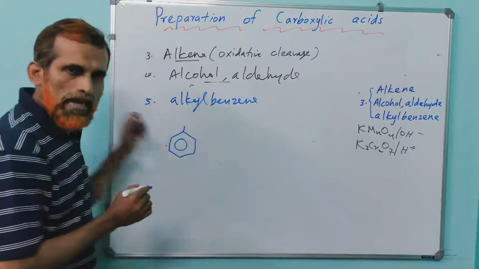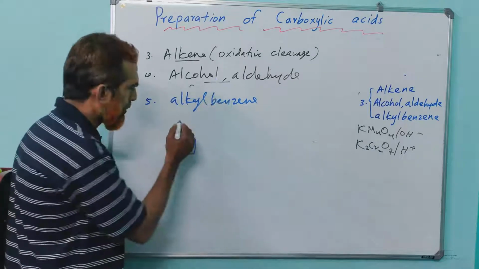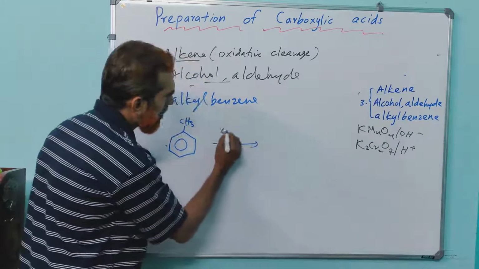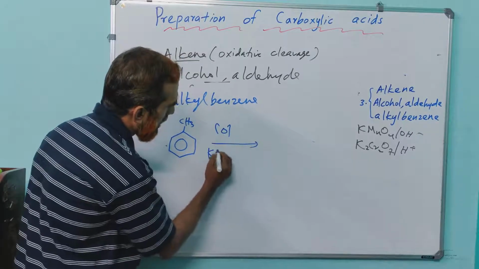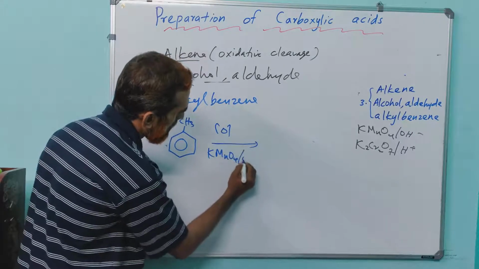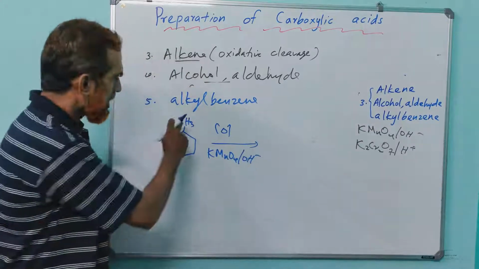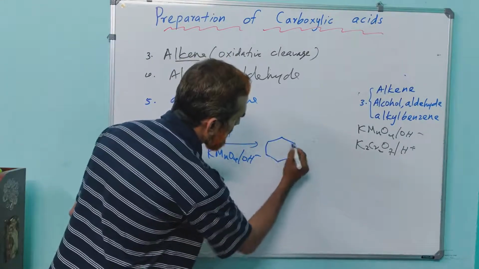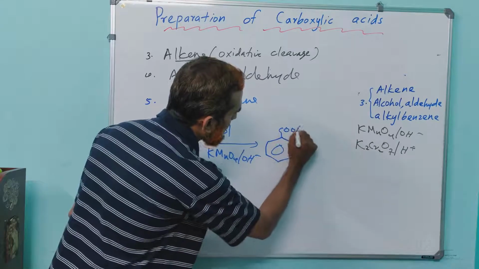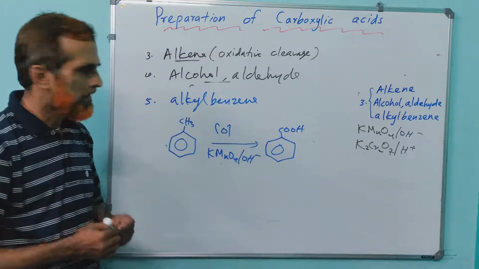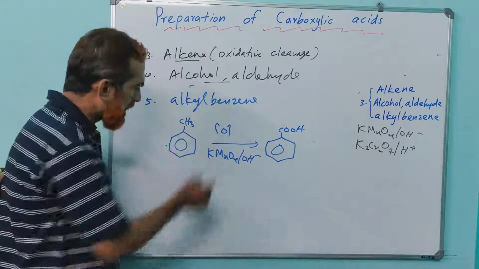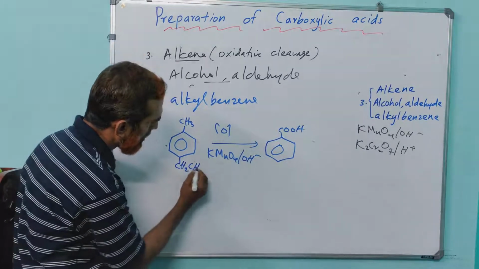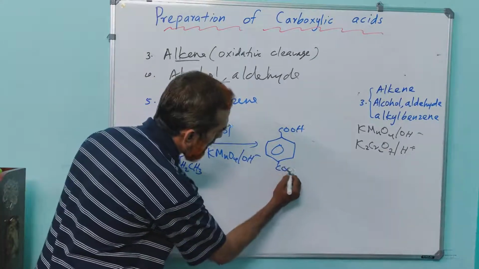If you have an alkyl group here of any length, suppose it is methyl or ethyl or any long, this can be oxidized using again alkaline KMnO4, that's the oxidizing agent. The side chain is oxidized fully into carboxylic acid. This is known as side chain oxidation. Okay, side chain oxidation. If it is ethyl group, that also will be giving you carboxylic acid only.